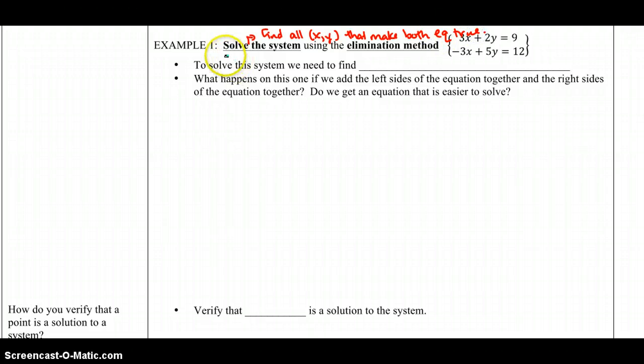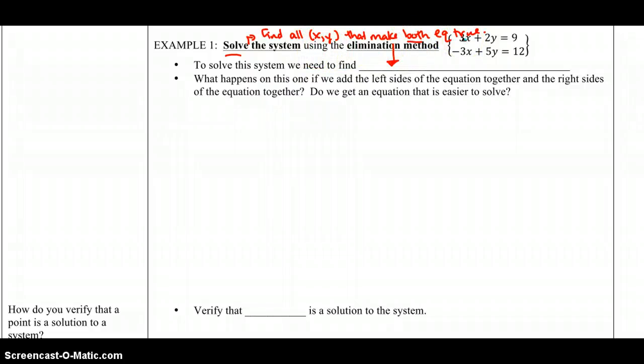We need to know what we're being asked to do. We've got 2 variables in our system, so we're finding all ordered pairs that make both of these equations true at the same time.